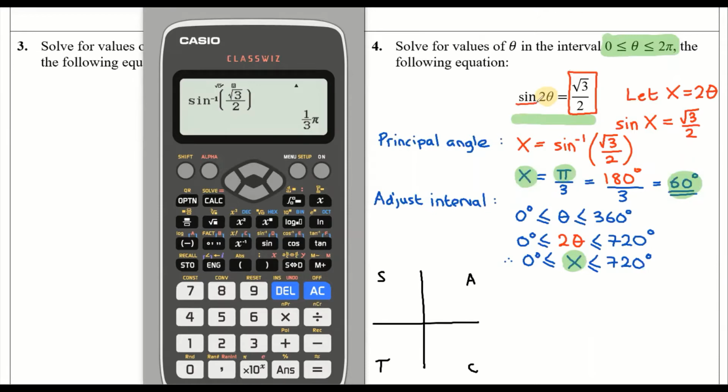Well, sine is positive in the A quadrant and the S quadrant. So that's where I'm going to add my principal angle. So this is going to be 60 degrees and 60 degrees again. And don't forget, I have to go around twice. So I start at 0 and go in the positive direction twice. So now we can list all our angles.